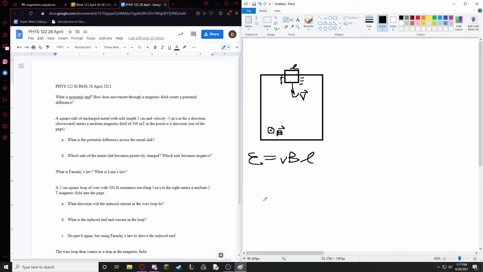It starts with an enclosed loop, and when it enters, an enclosed loop will try to balance out changes in the surrounding magnetic field, like the induced magnetic field.